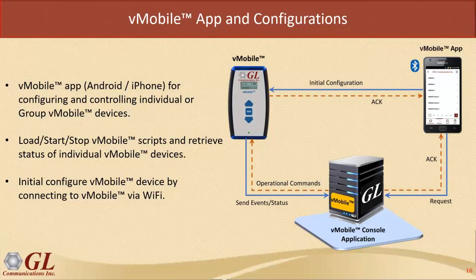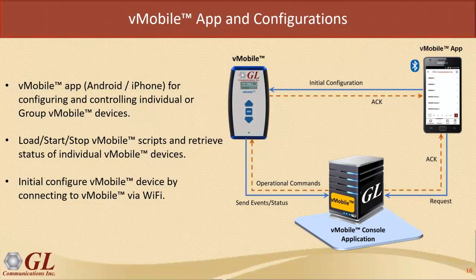So the vMobile will go into basically a server mode for Wi-Fi. Then the app can inform the vMobile what Wi-Fi network to connect to, or networks, so multiple networks, and where the central console is, what the IP is, and then tell it to go back into Wi-Fi client mode, and boom, the vMobile is now available and ready to go. So we take into consideration everything that we need to do to control the vMobile right from an app, very easily.